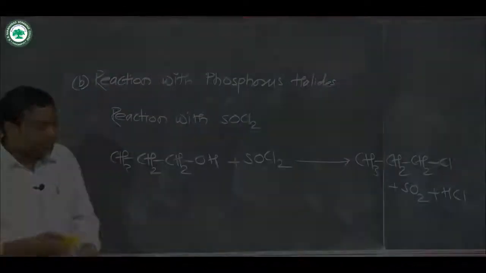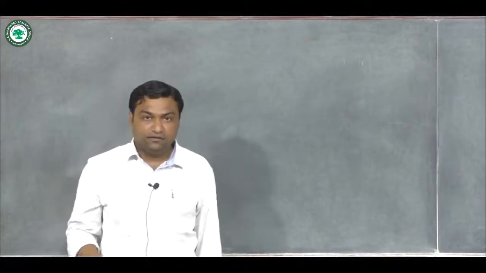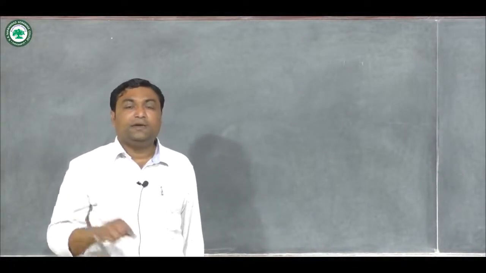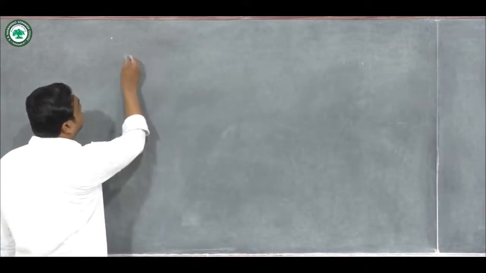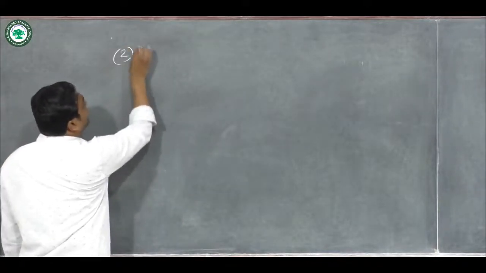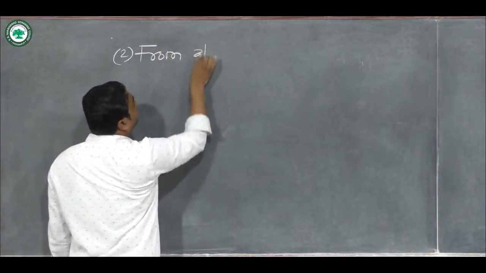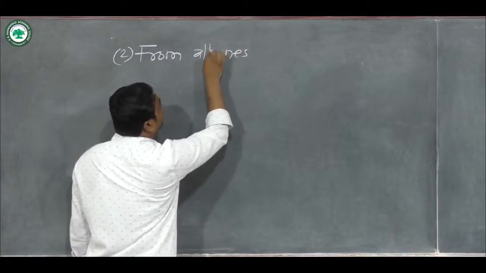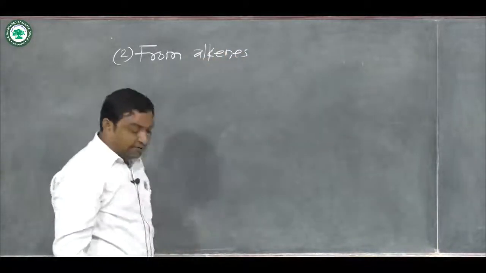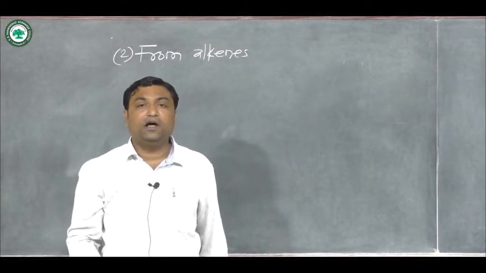Now the second preparation of alkyl halide is from alkenes. It is the most important reaction which is used to prepare alkyl halide.